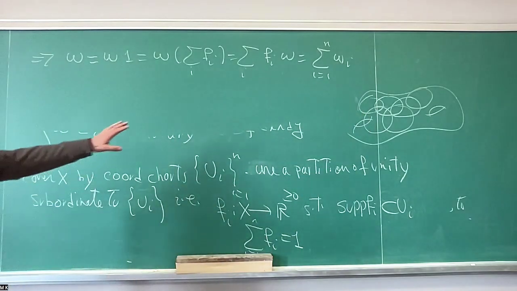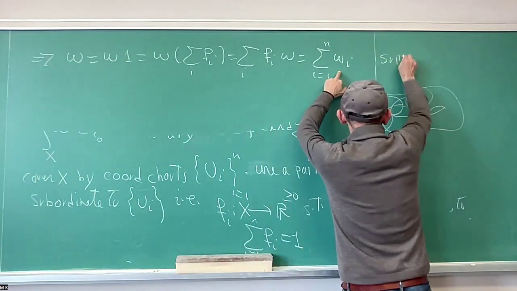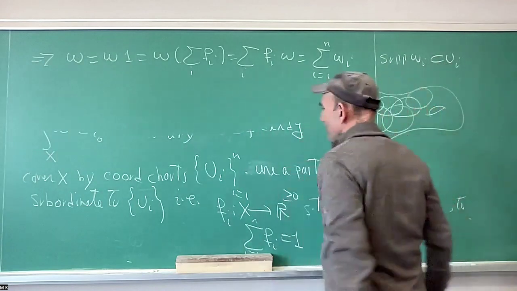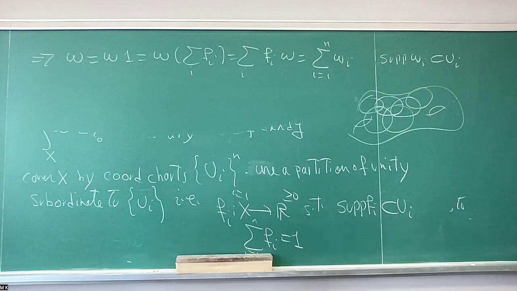And then we just write it this way. So now the support of omega i is inside ui. And then we play the same game that we did with respect to curves. In other words, we choose coordinate charts, we pull back the form over Rn or R2 in this case, and integrate.